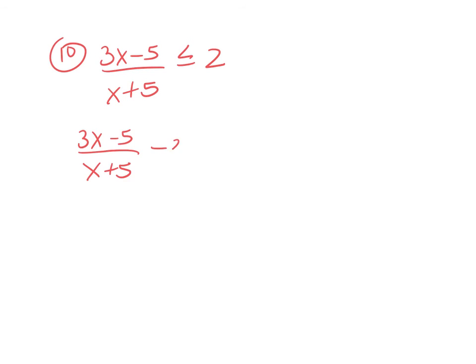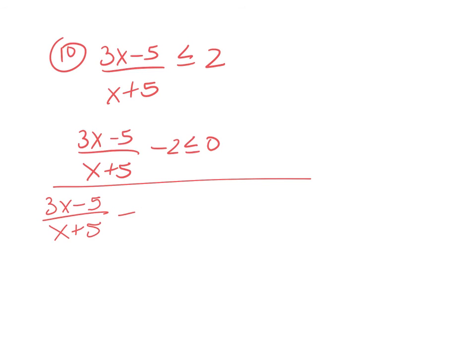Lastly, question 10. Bring the 2 over. This will be what we use for our test part. So now we're going to look where the whole function is equal to 0. Then we look where the denominator is equal to 0.